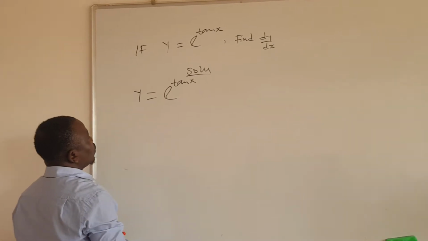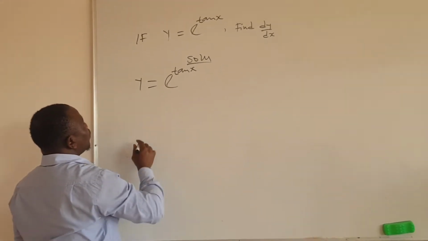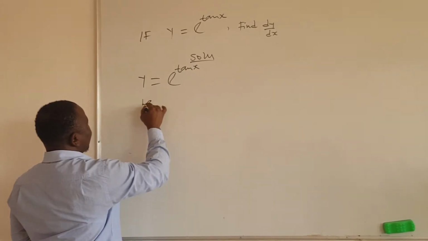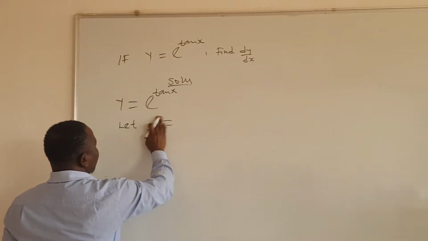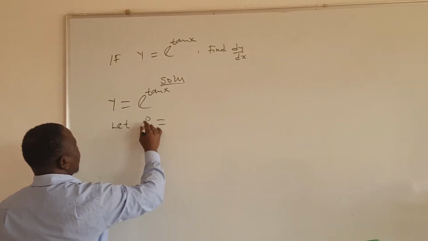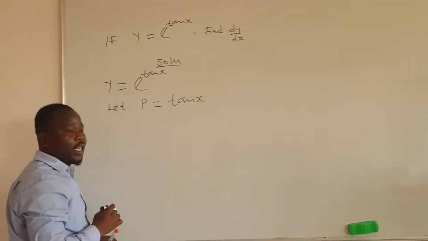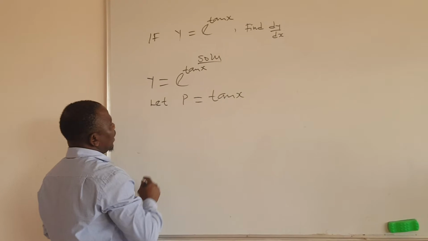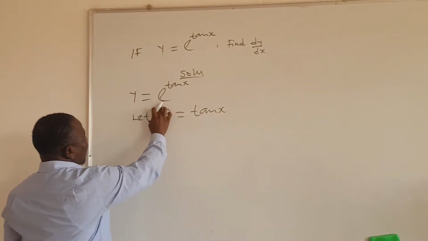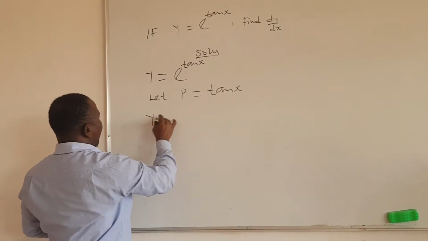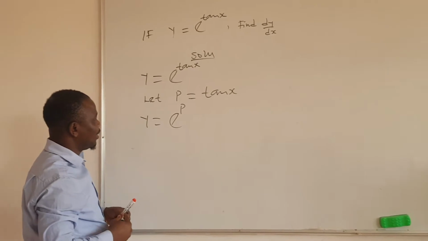At first, if I were you, you will now say, let P be equal to tan x. If P is equal to tan x, note that your y will now be e to the power of P. True or false?